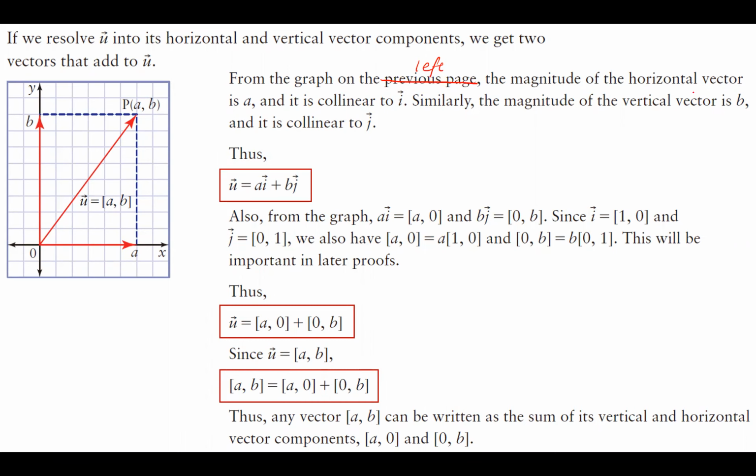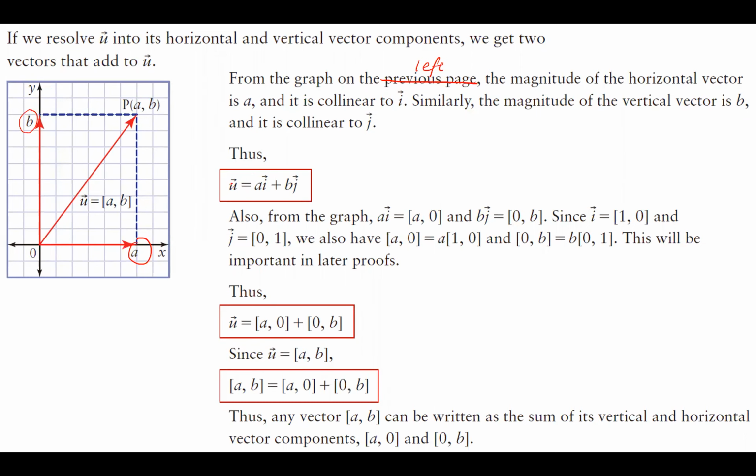The magnitude of the horizontal vector is a, which is shown here, and it is collinear to vector i. Remember, vector i is a unit vector along the x-axis. Similarly, the magnitude of the vertical vector is b, which is here, and it is collinear with the unit vector j along the y-axis.